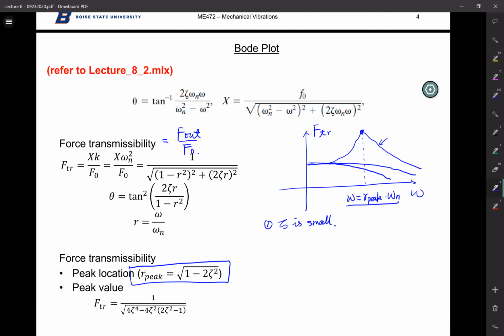Up to one point, usually when zeta is greater than 0.7, that's a magic number here, then no resonance exists. So in this case, you just need to design for the static state, for the stationary state.